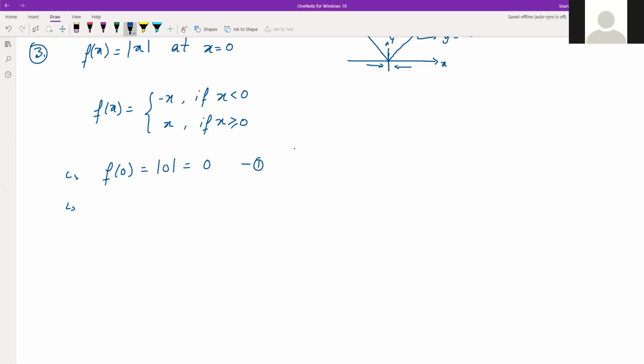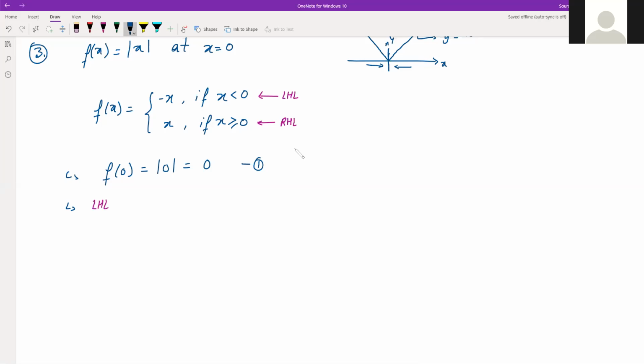So out of these two, this function definition will be used to find the left hand limit, and this function definition will be used to find the right hand limit. Correct? So what will the left hand limit be?